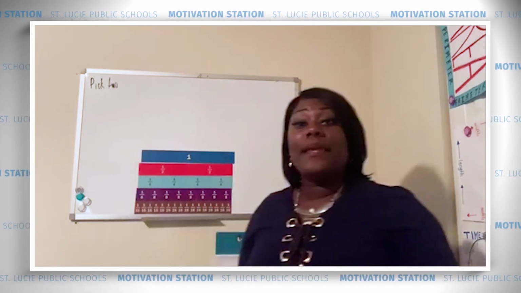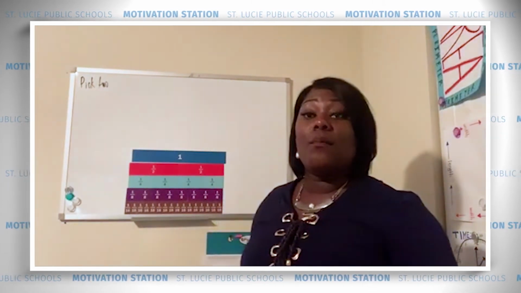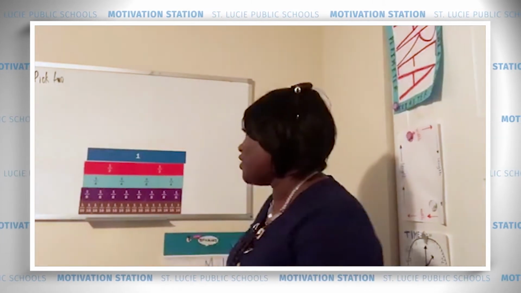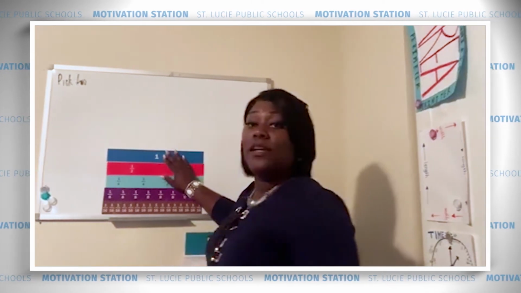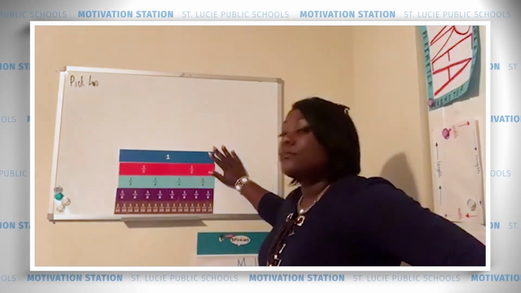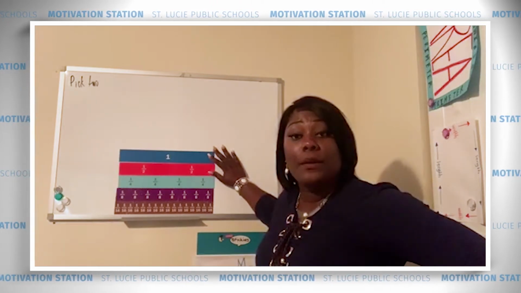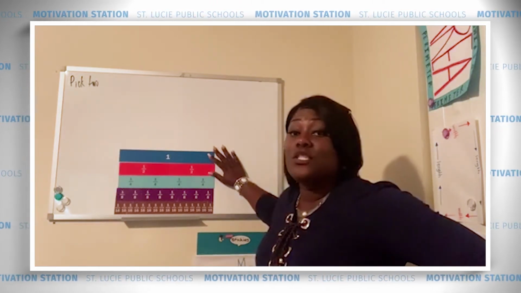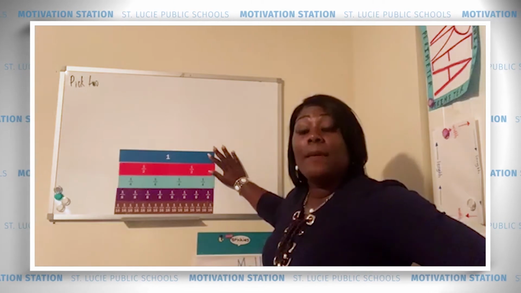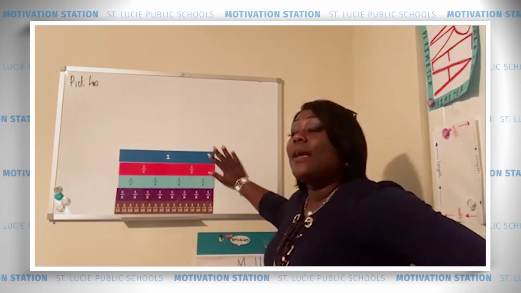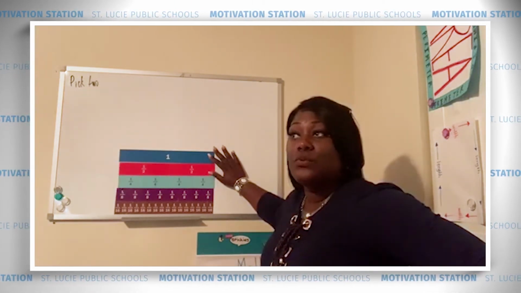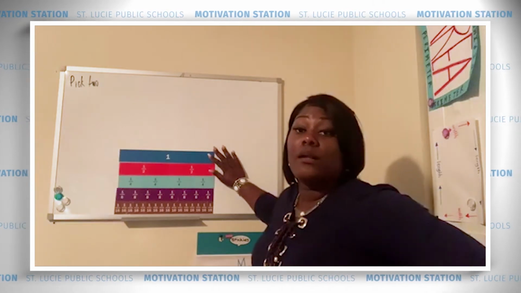But before we begin, I just want to go over the basics of fractions. So we always start with our whole. And we know that when we're looking at the whole, it has not been broken apart. It's just one whole. When you think about whole numbers, you think about numbers like 1, 2, 3, 4, and so forth and so on.